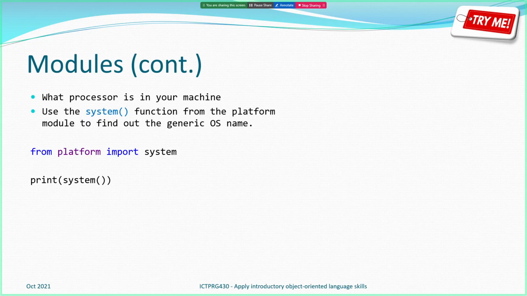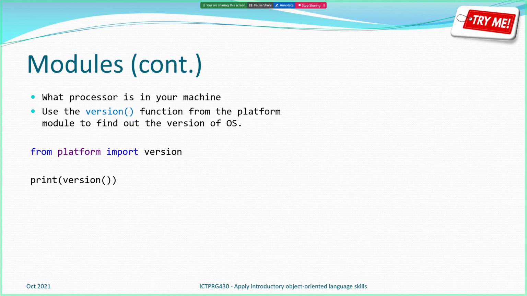Alright, so system function is the great generic. Alright, so I'm running Windows. Doesn't tell me what version of Windows, it just says you're running Windows. So it's the generic name for the operating system. So you could get Linux, you could just get the generic name coming up.